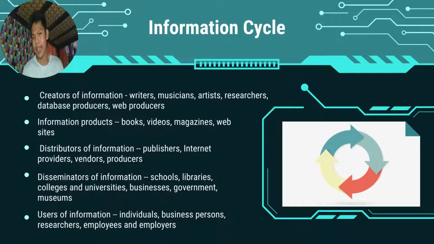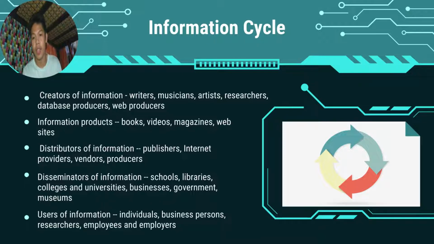So the next one is the information cycle. We have here the creators of information, which are the writers, musicians, artists, researchers, database producers, and web producers. The next one is information products. These are the books, videos, magazines, and websites.